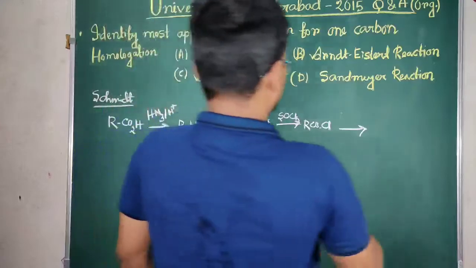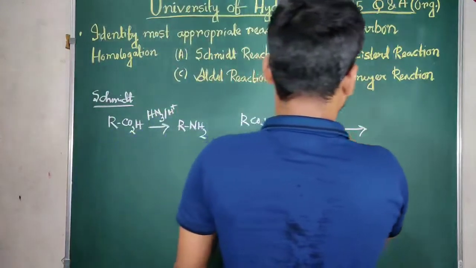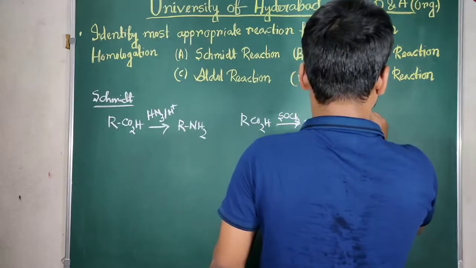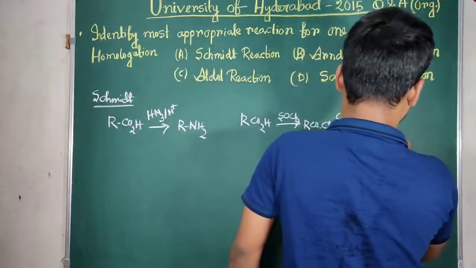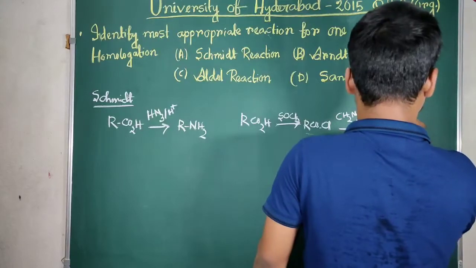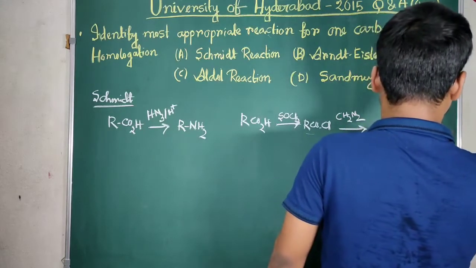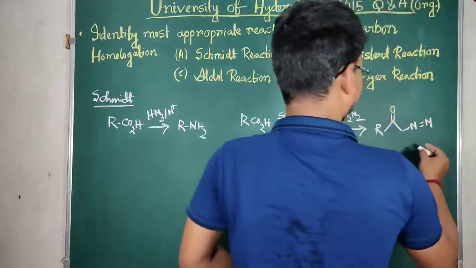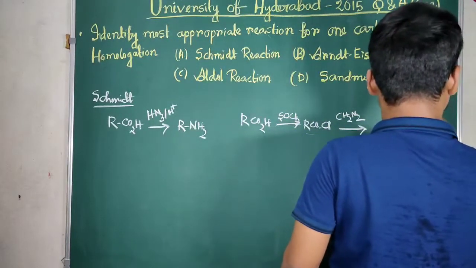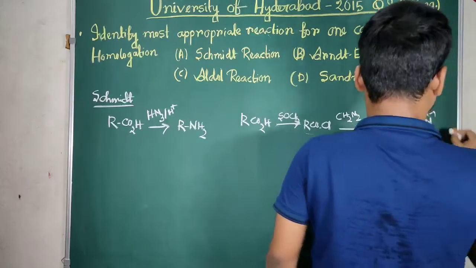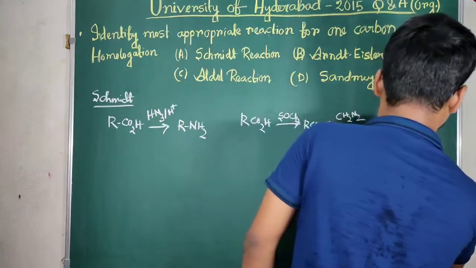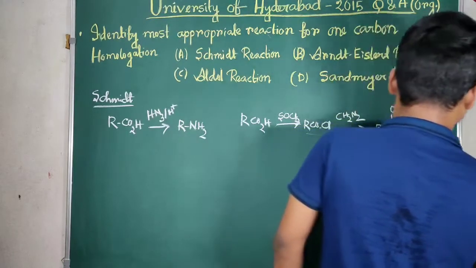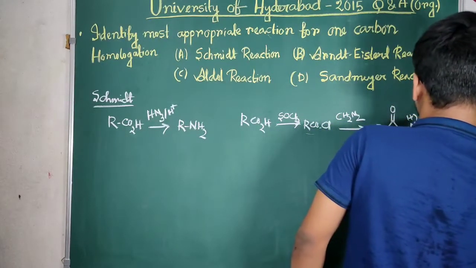From the acid chloride RCOCl we take CH2N2, then we get the diazoketone. Then silver oxide, heat, H2O.